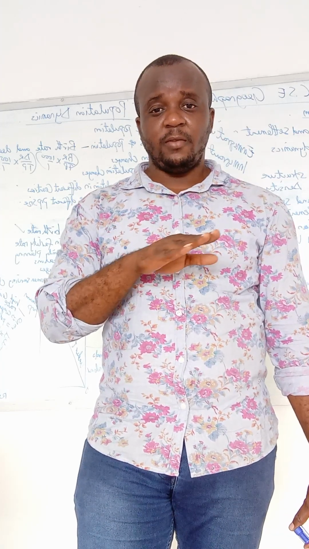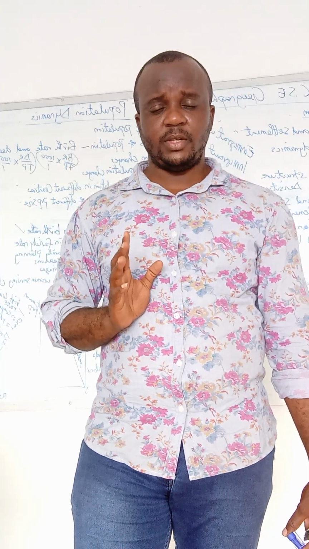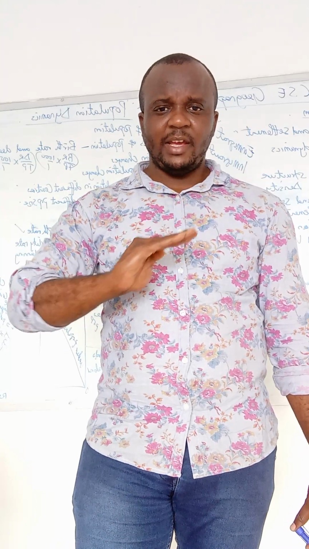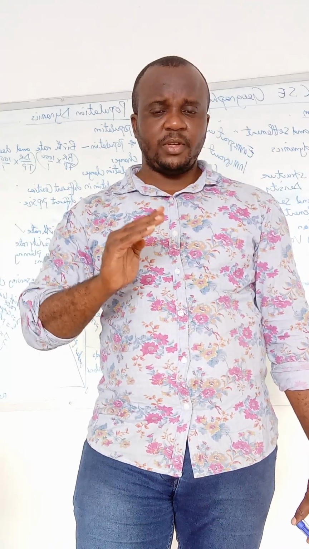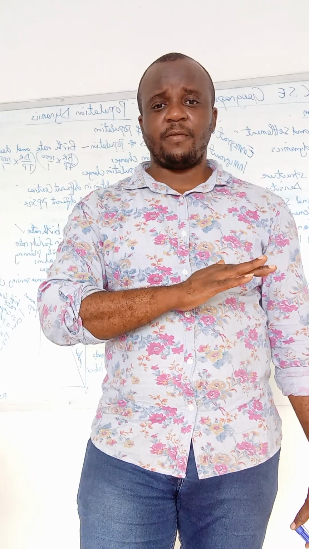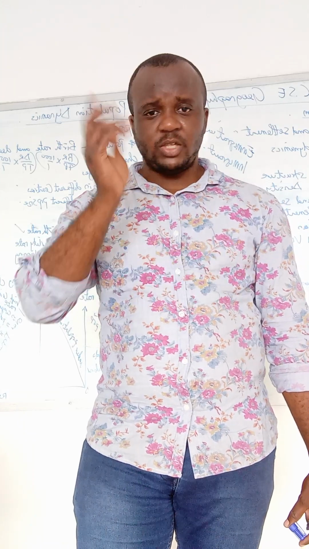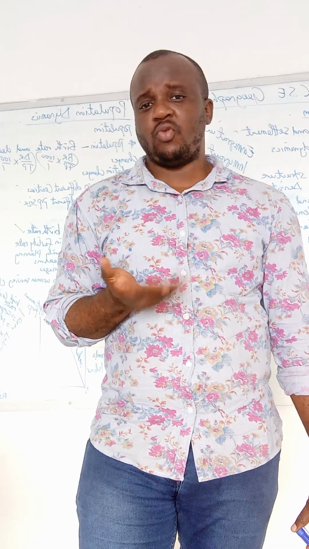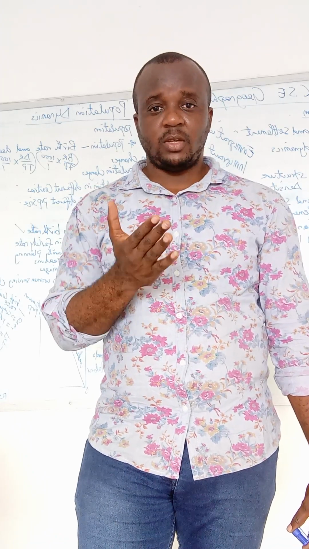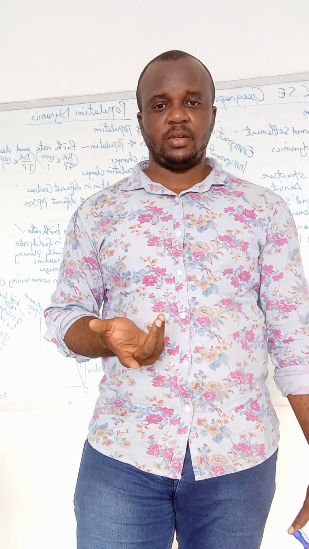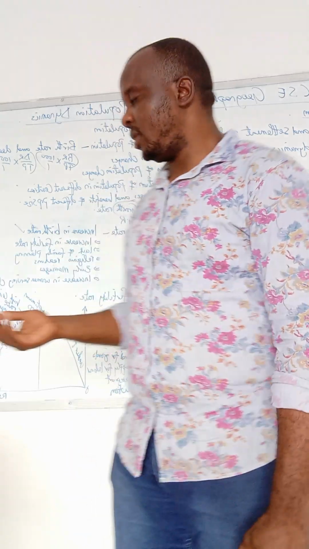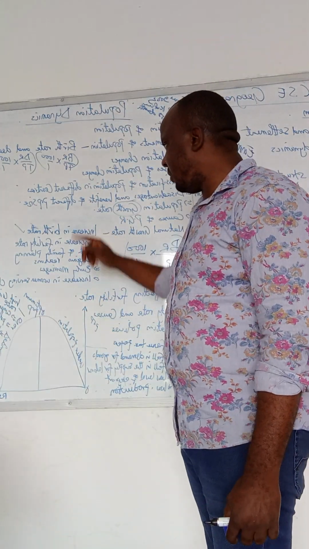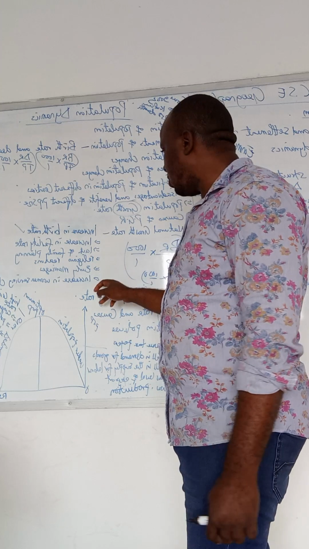In Niger, at 15 years you are good to go for marriage. So if at the age of 15 you are going for marriage, it means before the age of 45 you are liable to give birth to about 10 children. But if the age of marriage is maybe 25, maybe 30, it's impossible for you to give birth to 10 children. So early marriage is also a determinant of natural growth rate.